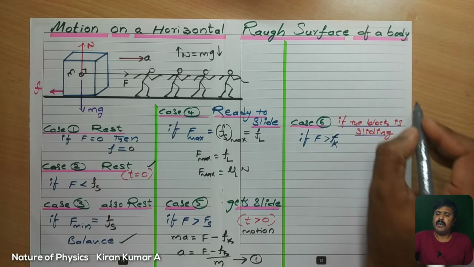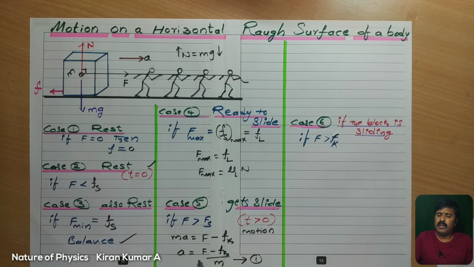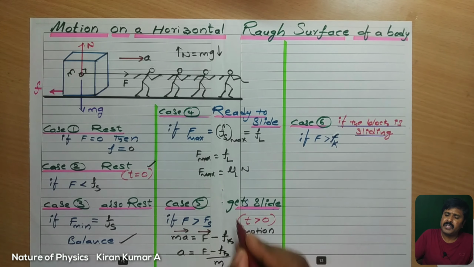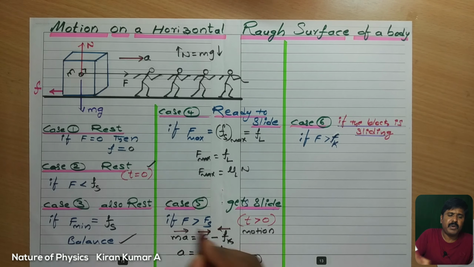Okay, and continuing here, acceleration a is equal to F minus Fk divided by small m, we are getting. So the resultant force is along the motion direction, along that direction is the applied force, and in the opposite direction what is there, student? Frictional force is there.